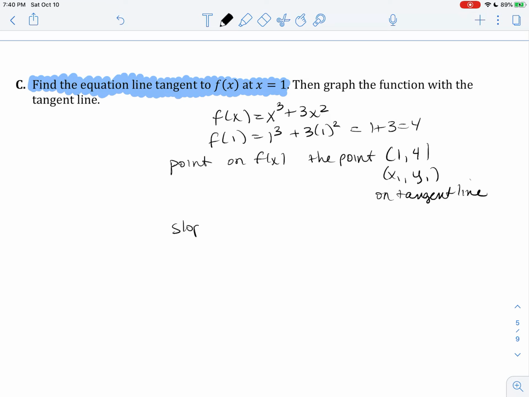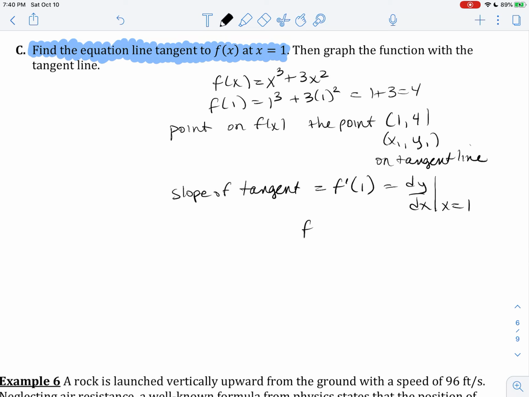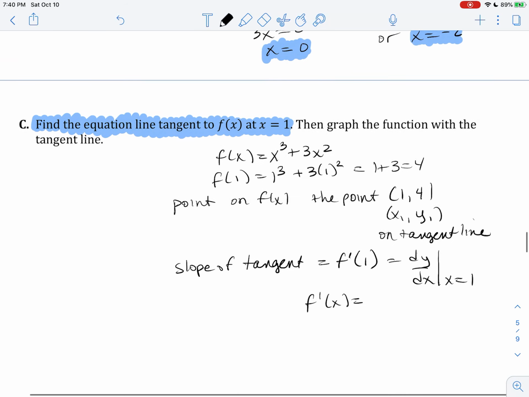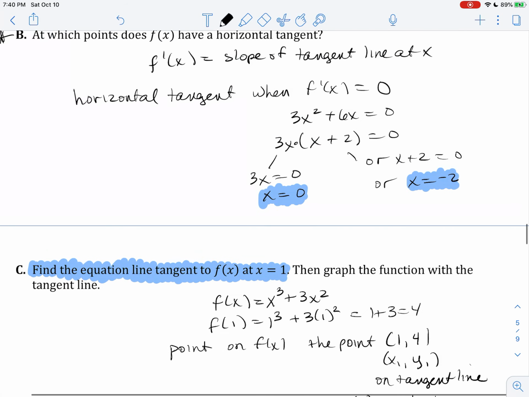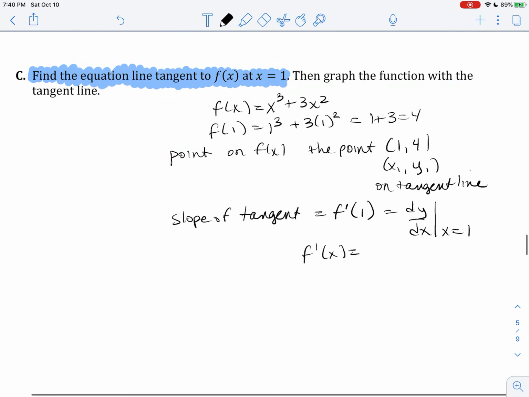Our slope of the tangent is going to equal f prime evaluated at 1, or you would say dy dx at x equal to 1. And we know that f prime of x is, what was it again, 3x squared plus 6x.